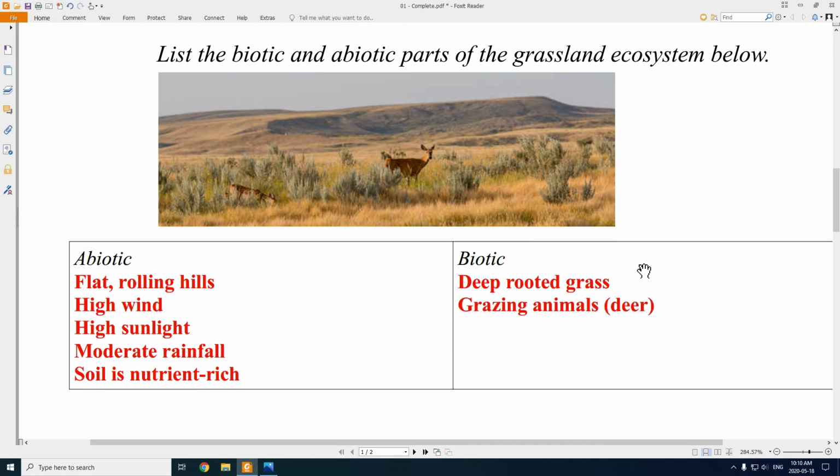Let's think of some animals now. Well, there's obviously these grazing animals, right? Deer, maybe bison, depending on where we look. They seem to move around quite a bit. They're grazing. Probably a lot of insects as well. If you think of all the small bugs and insects that you'd run into in a grassland like this.